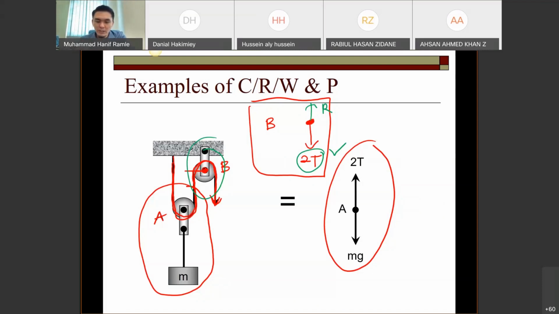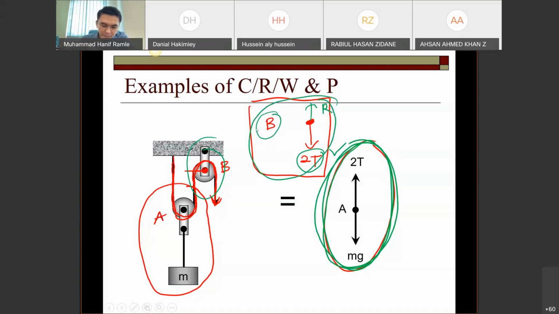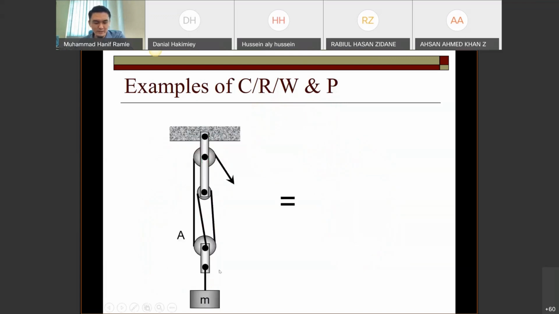So that's why in this example we only show this FBD, to avoid confusion. If you have the FBD about point B, then you have this one. The R is coming from this beam, because it is attached to the ceiling, for example. So the reaction is to balance the 2T because it is in equilibrium. Yes, that's why we have our reaction to balance the system.